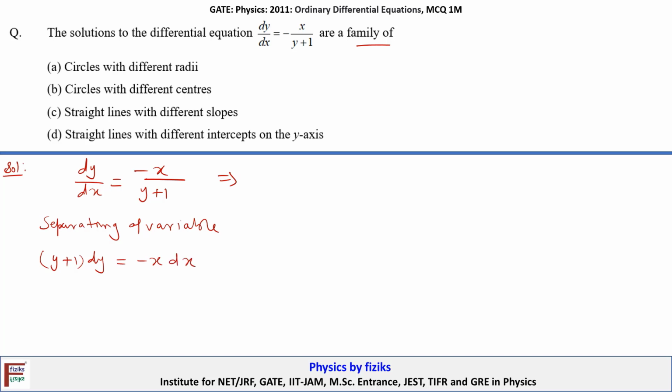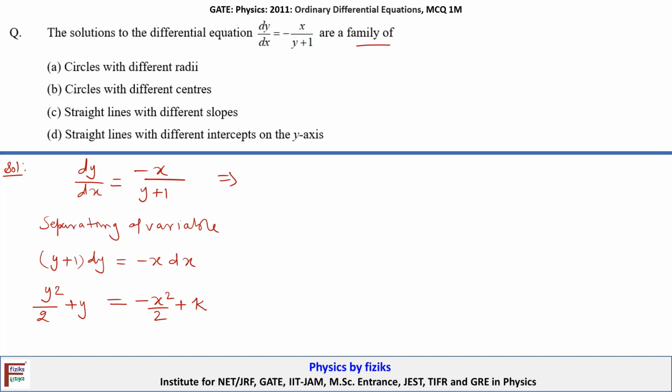Now integrating on both sides, we get y square by 2 plus y on the left, and on the right hand side minus x square by 2 plus an arbitrary integrating constant k.